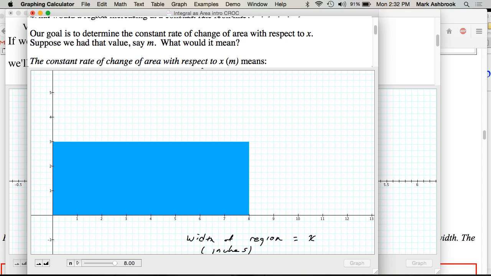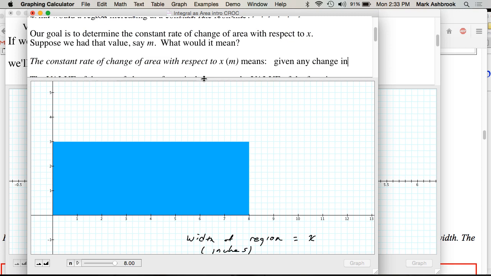So m is that for any given change in the width, or I don't know what we're calling x. Yeah, the width this way to the right is x. Any given change in the width, the area is equal to m times that change. Almost. What's equal to? The change in area. Right. So this is what you guys should have talked about.